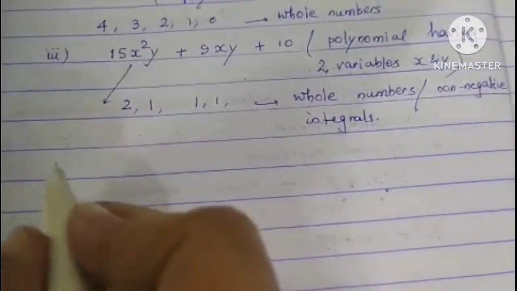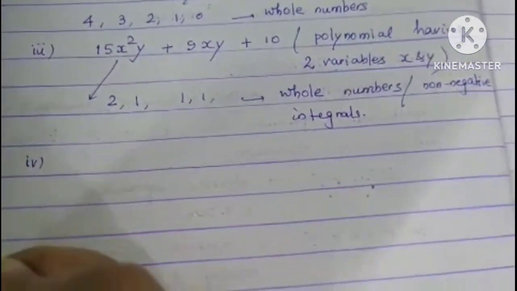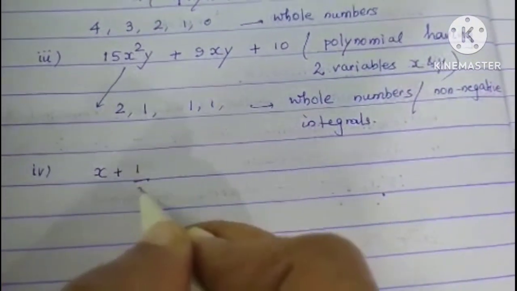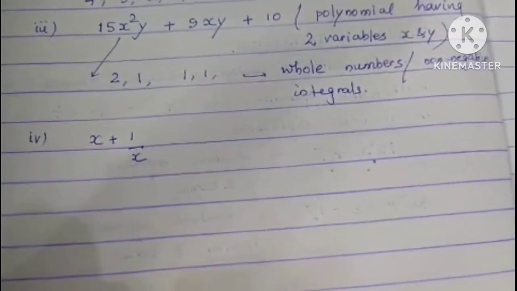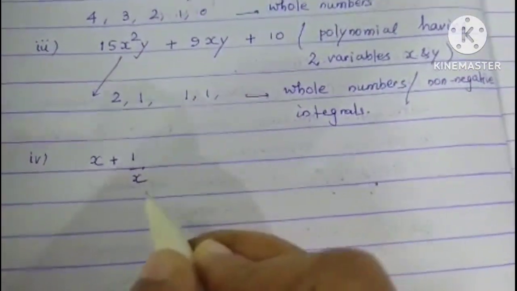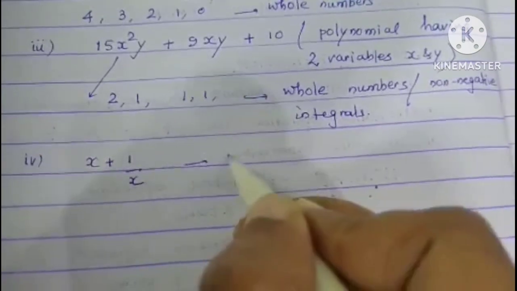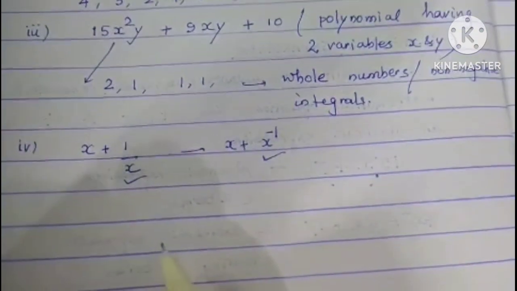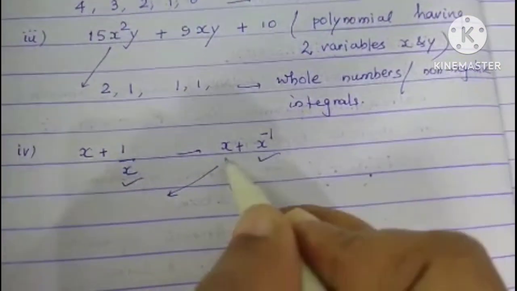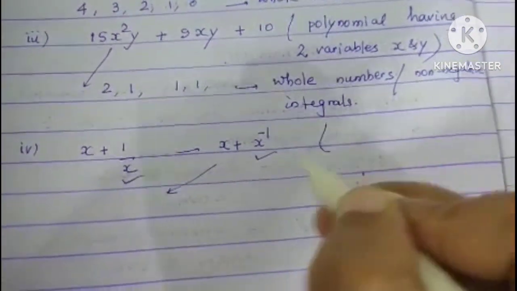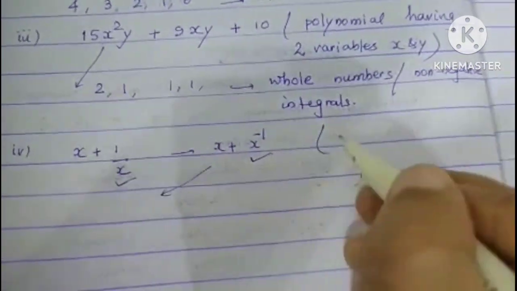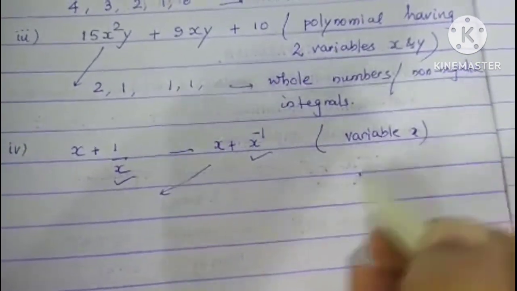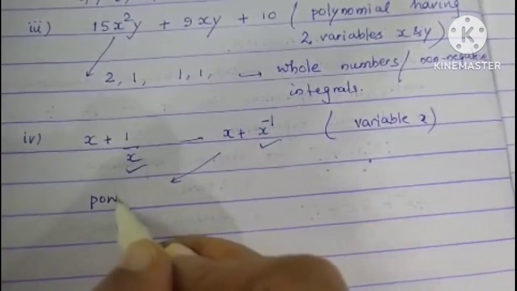Now let us see one different thing. Suppose we write x plus 1 by x. Will this be a polynomial? Let us check. This you can write as x plus x to the power minus 1, for 1 by x. Now you see the variables. One variable x. Let us check the powers of the variable.